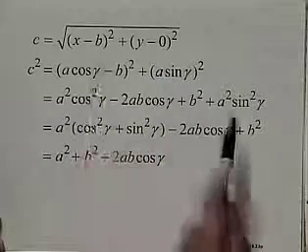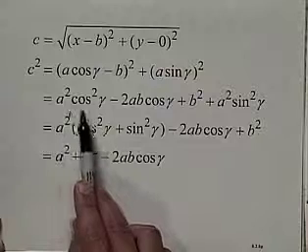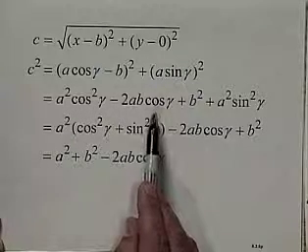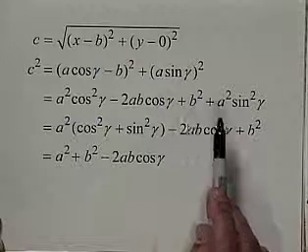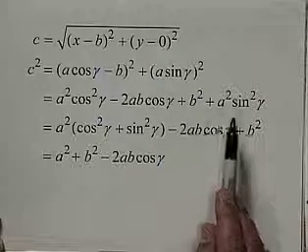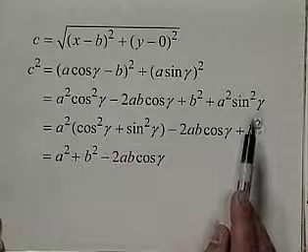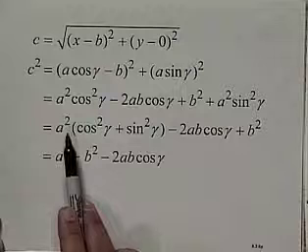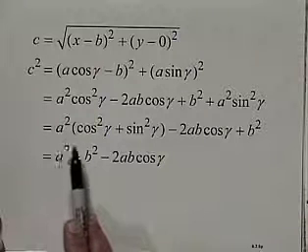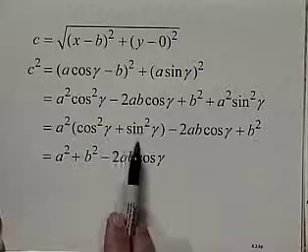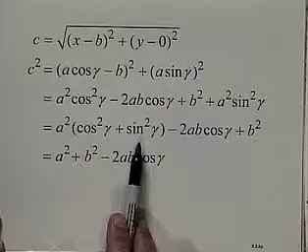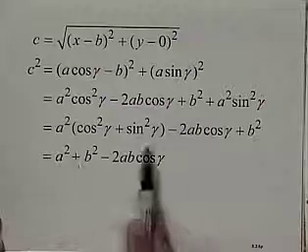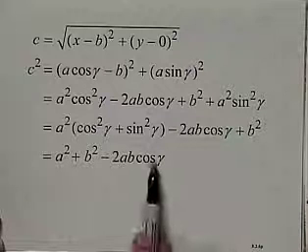Now, if we square these two out, we get a squared cosine squared gamma, minus 2ab cosine gamma, plus b squared, plus a squared sine squared gamma. Now, if we group these terms together and factor out the a squared, we get a squared times cosine squared gamma plus sine squared gamma. This is equal to 1. So we get a squared there, plus this b squared minus 2ab cosine gamma.